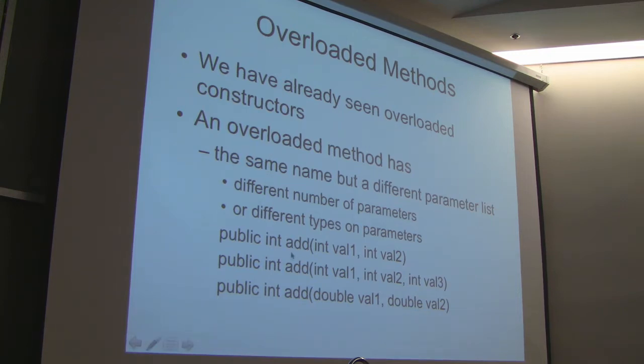So here I have a method add that takes in 2 ints, and in there, presumably, I'm adding them together or something like that. So this is, again, part of a class, right? So it's a method of a class. Now I can have another method called add that takes in 3 values, and presumably, it adds those 3 values together.